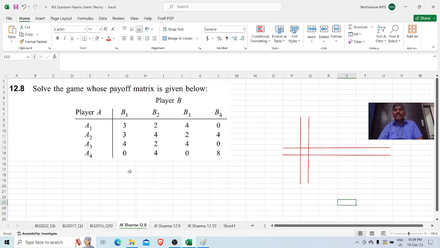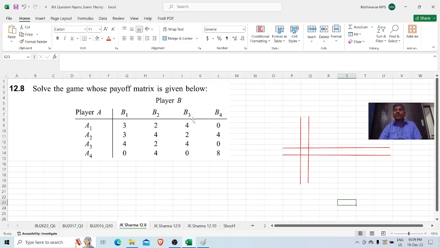When player A uses the second strategy, gains are 3, 4, 2 and again 4 points. We will compare the first strategy with the second strategy. 3 points, 3 points gain, 2 points, 4 points gain. That means strategy A2 is resulting in more gains.